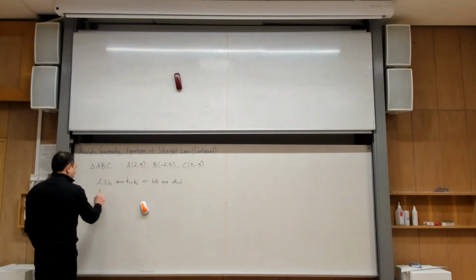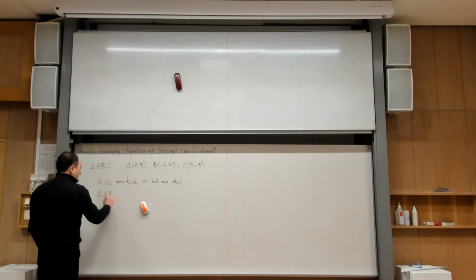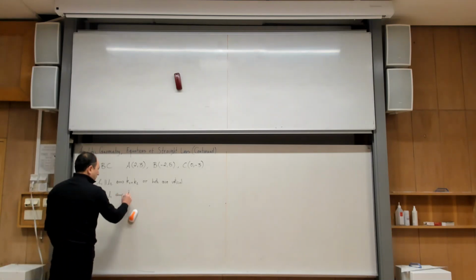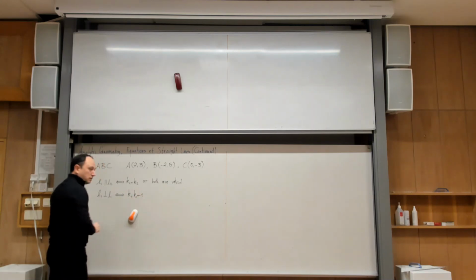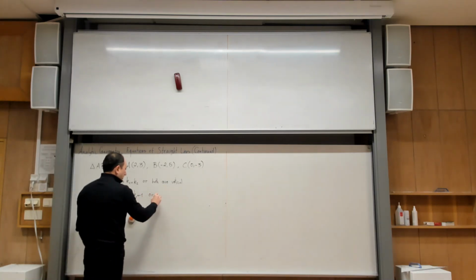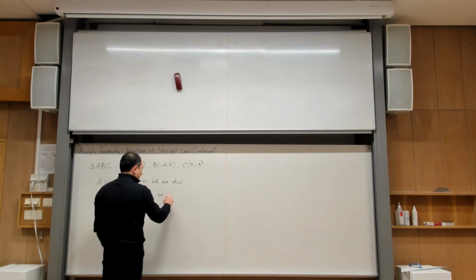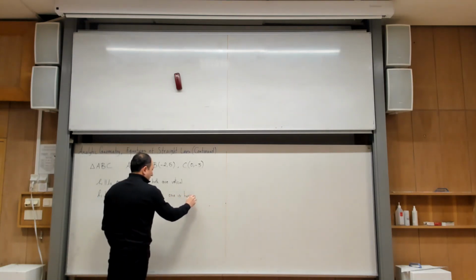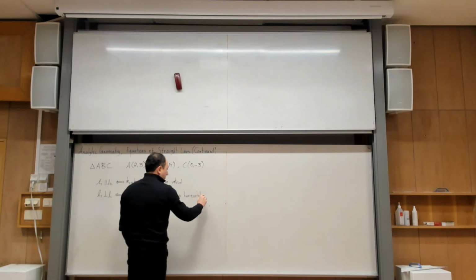And then, do you remember I told you that L1 is perpendicular to L2 if and only if k1 multiplied by k2 is negative 1, or one is horizontal and one is vertical.